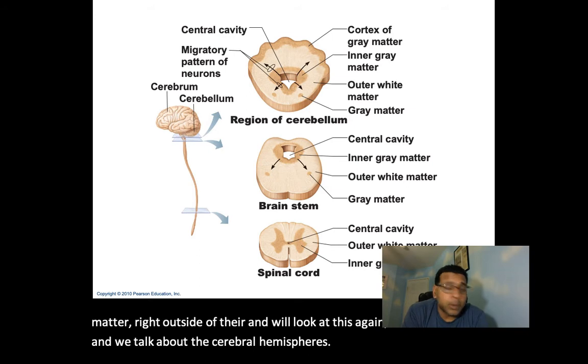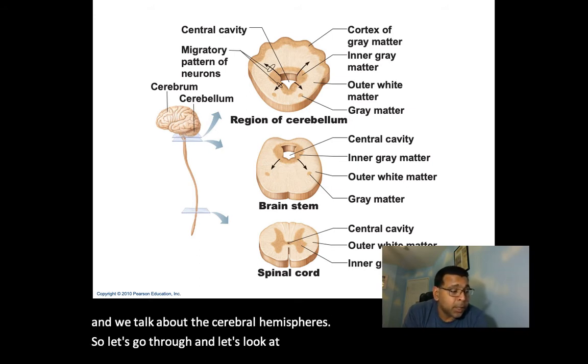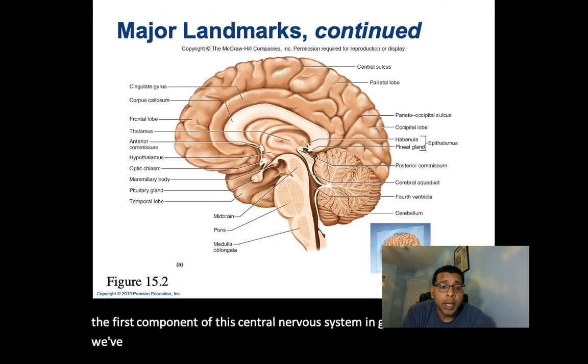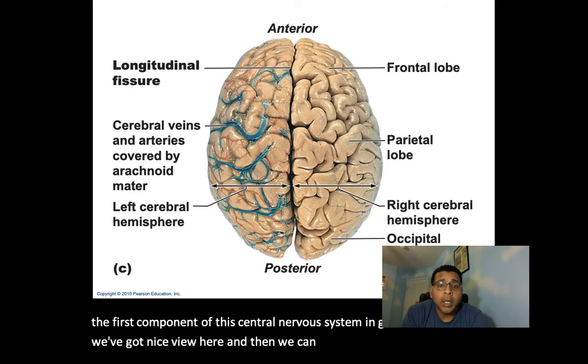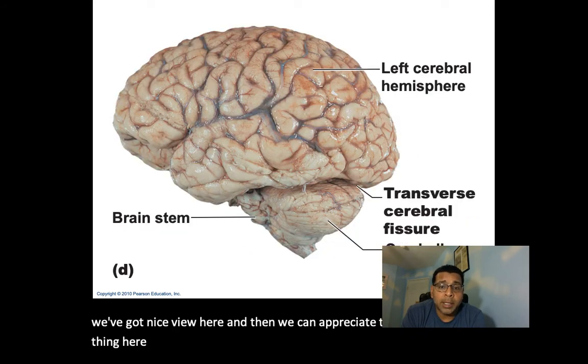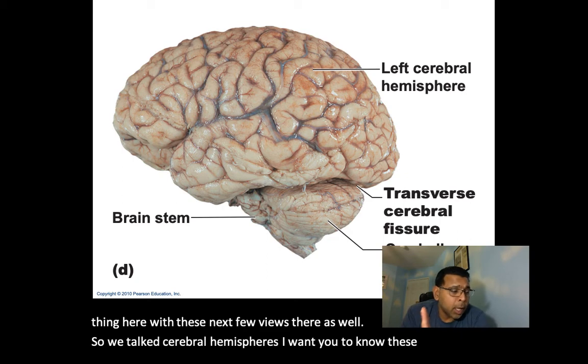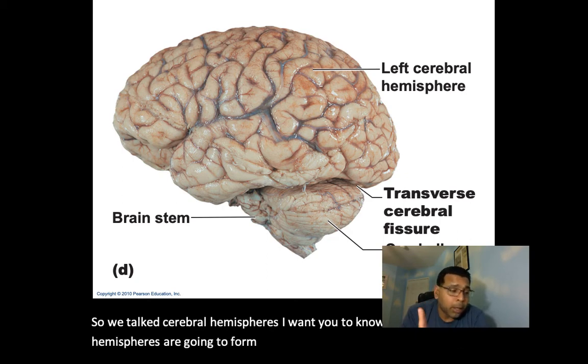So let's look at the cerebral hemispheres now, the first component of the central nervous system in greater detail. We've got a nice view here, and the same thing with these next few views. When we talk about cerebral hemispheres, I want you to know they form the superior part of the brain.